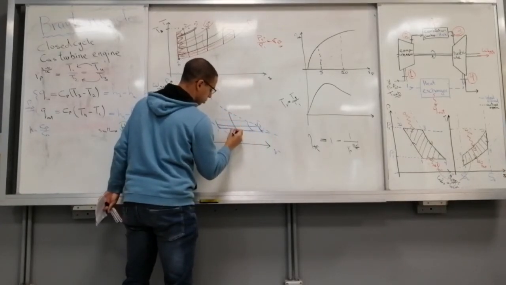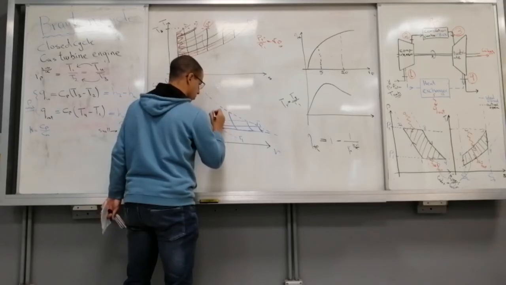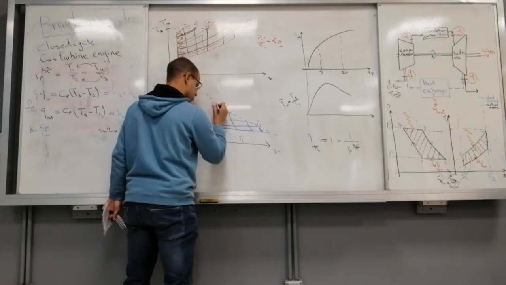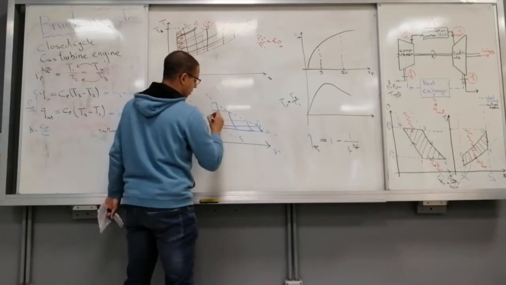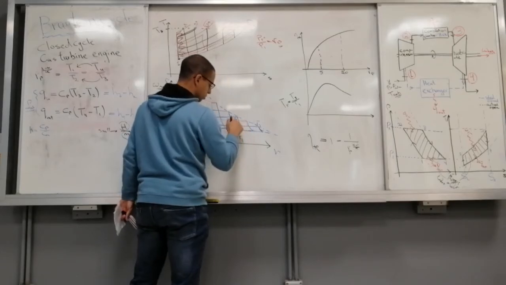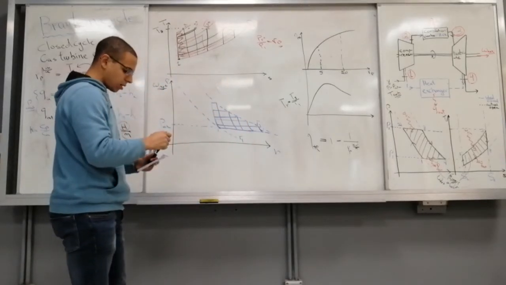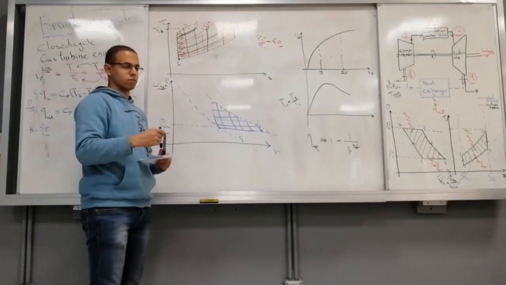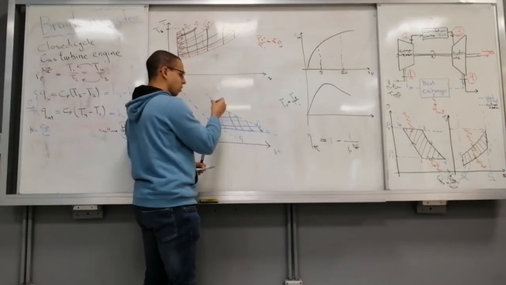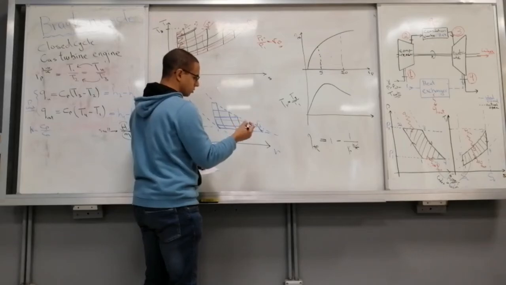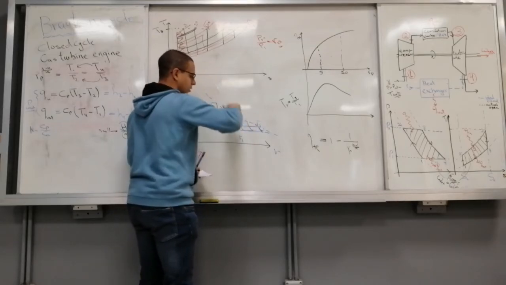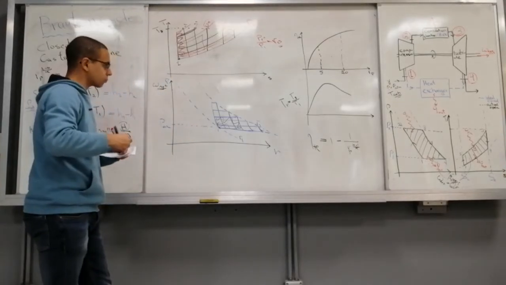Also, maybe like this, or like this. We again notice that there is some process in the middle where the area included in this graph is maximum. So it's small, it's larger, and then gets small again. So we might compromise for the net work output of something like this cycle in the middle.